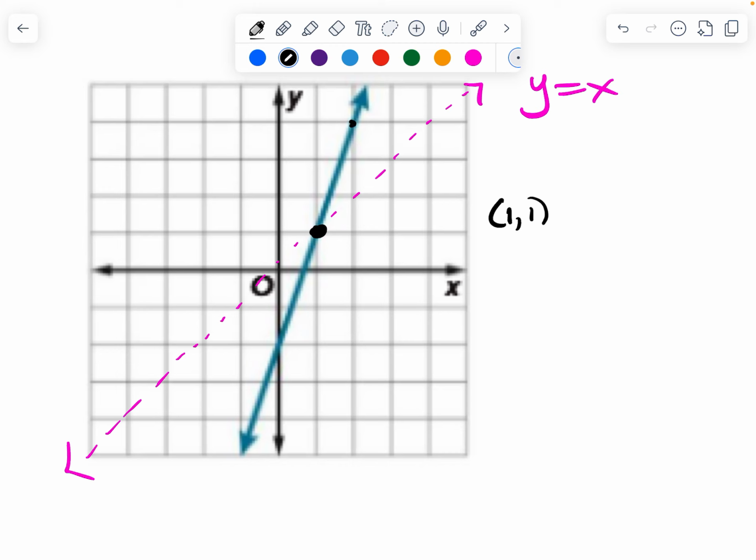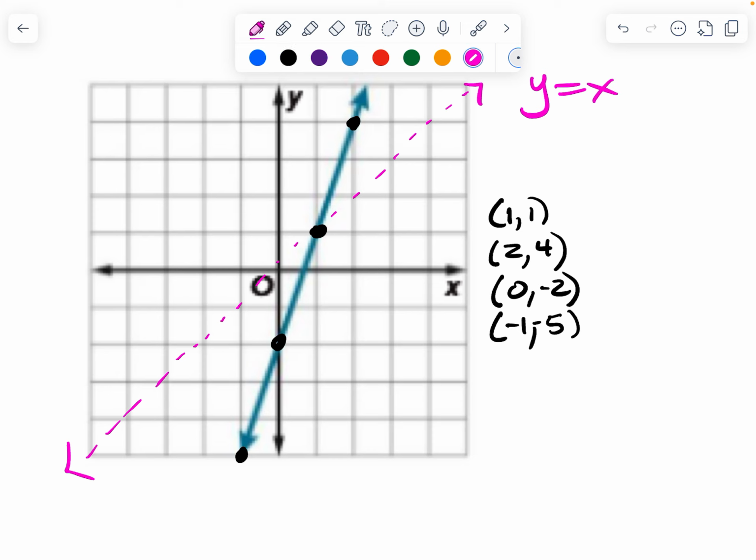This point is (4, 2). This point is (0, negative 2). And this point down here is (negative 1, negative 5). Oops, I forgot the negative.